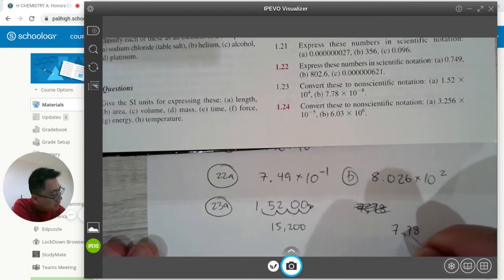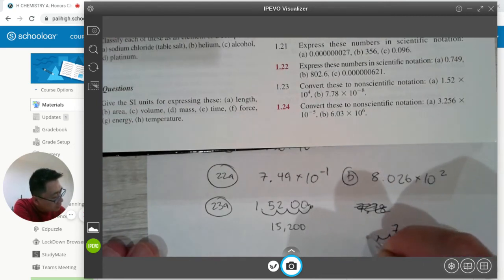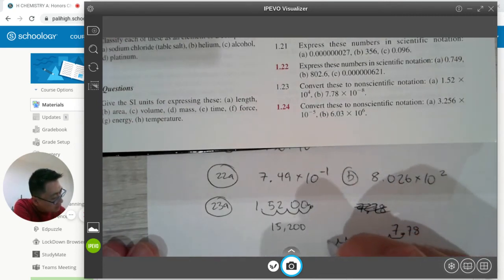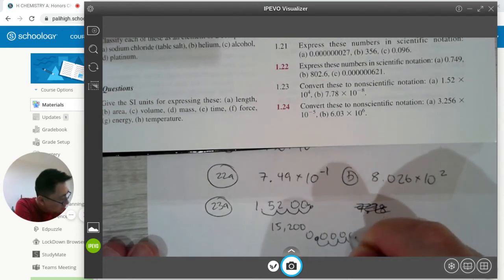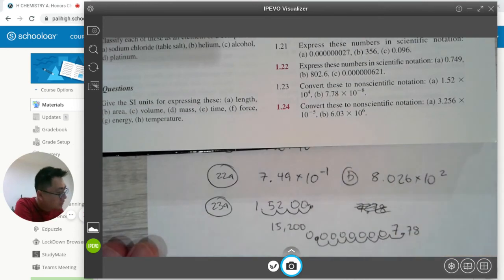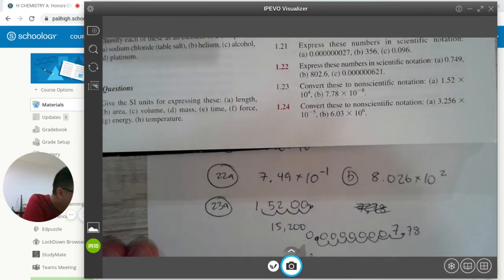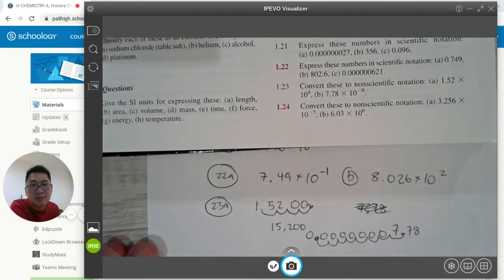So move it over 8 times. 1, 2, 3, 4, 5, 6, 7, 8. The decimal point goes there, so 0, 0, 0, 0, 0, 0, 0. I'm just filling in the zeros. There should be 7 zeros in that. So 0.000000778.